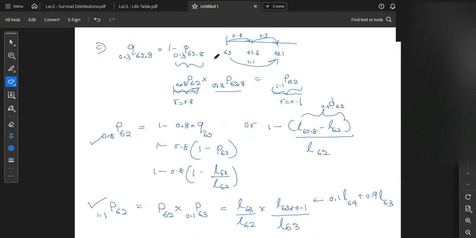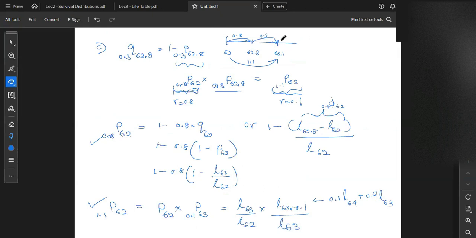We want to find something else, but we need to think ahead and go back and derive a new equation for this. So that's why I visualize this event 62 to 0.8, and from there onwards another 0.3.